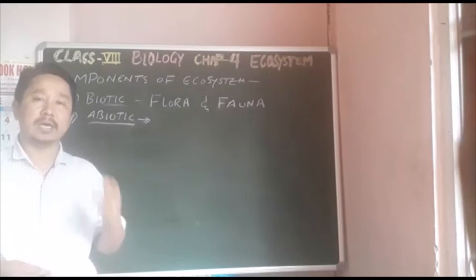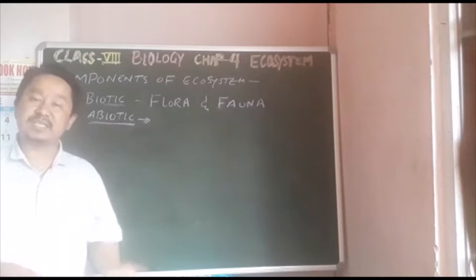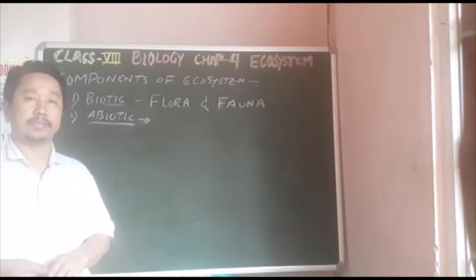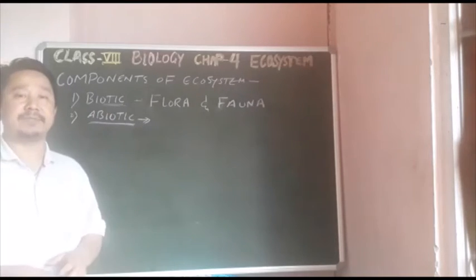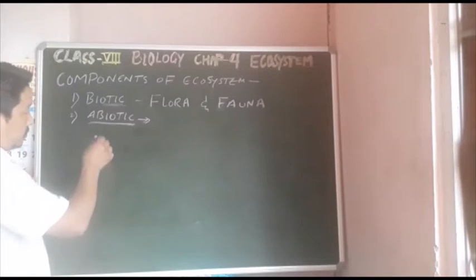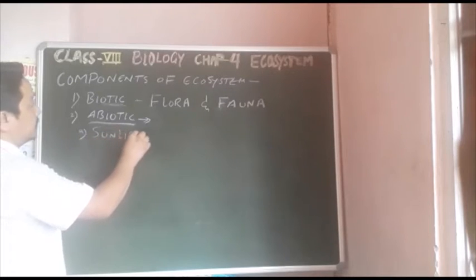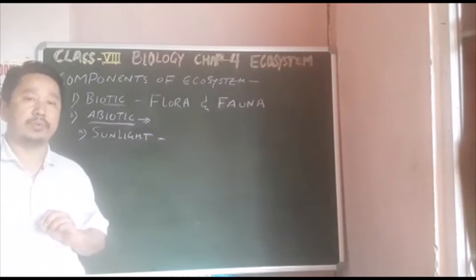All the physical components, all the physical conditions of any ecosystem come under abiotic components. And there are many types, such as sunlight. Sunlight is one of the abiotic components.